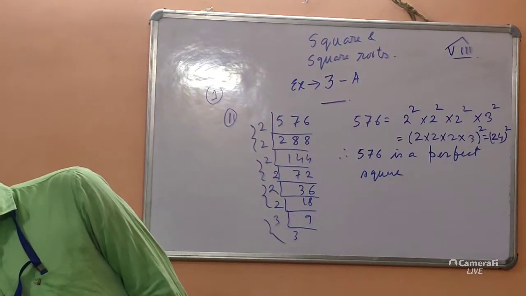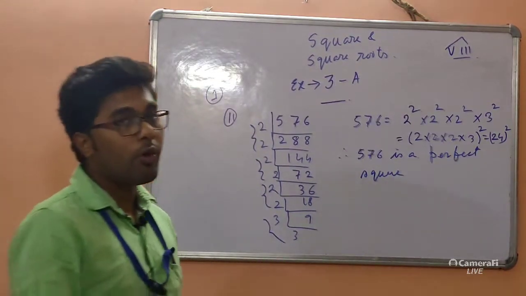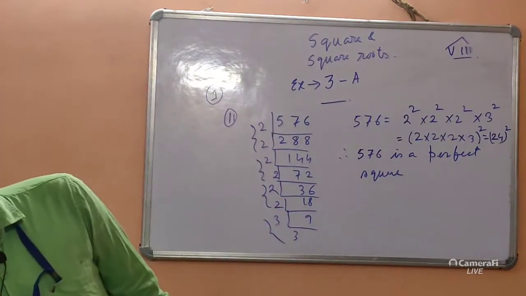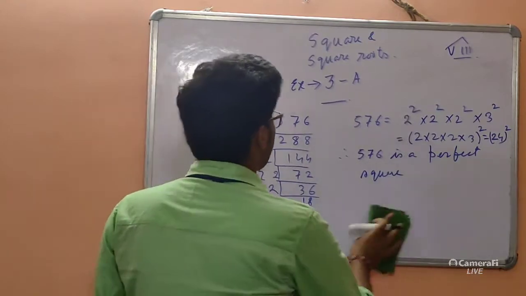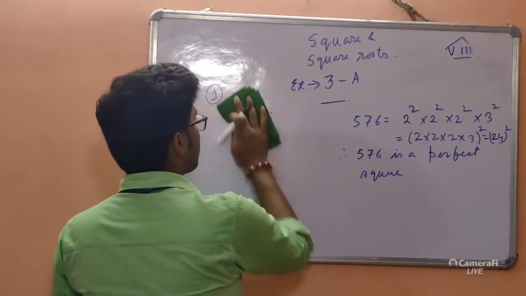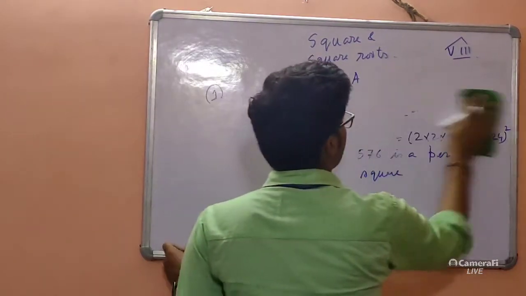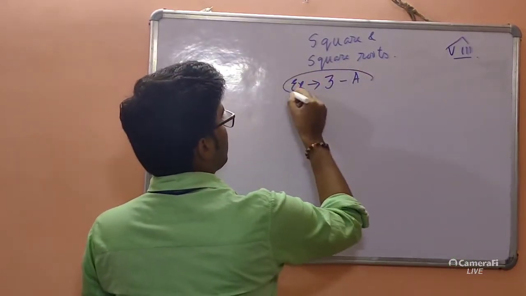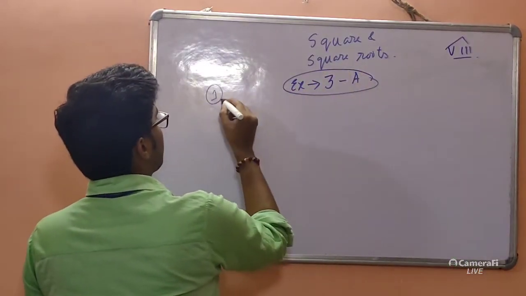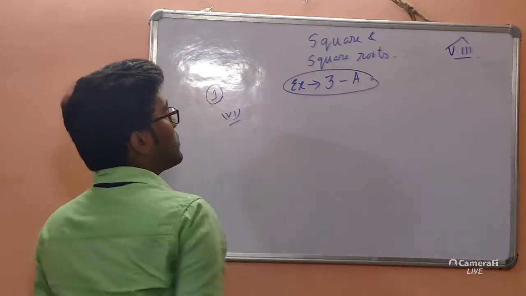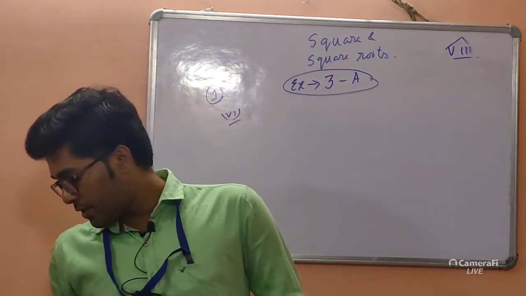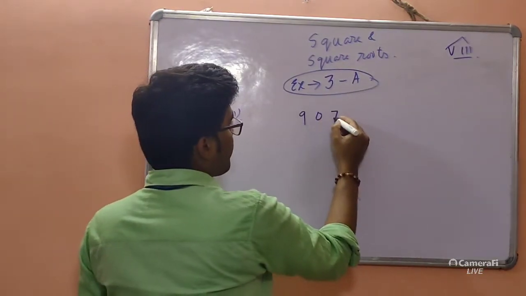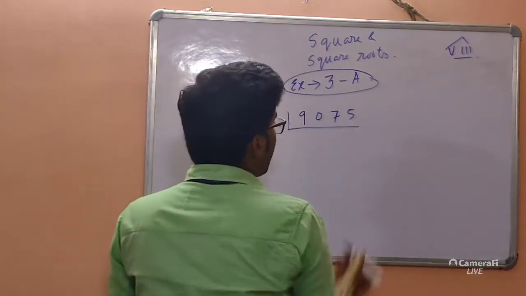Let us do question number 6. Okay? What do you have here? 9075. Factorize it.